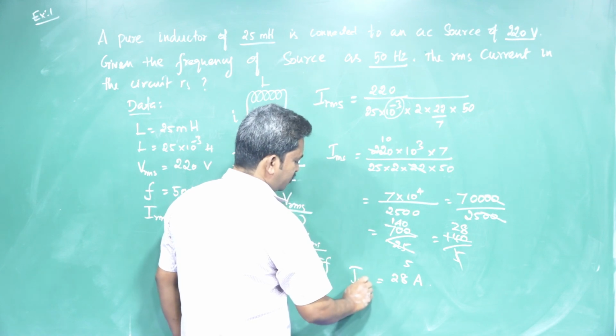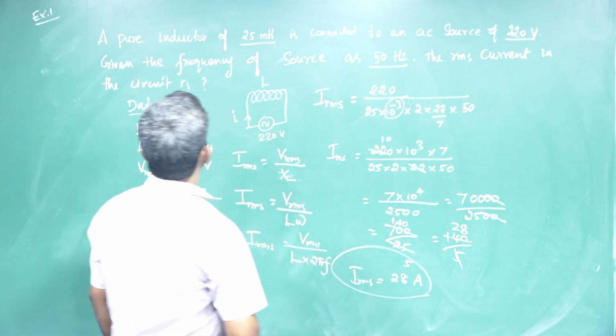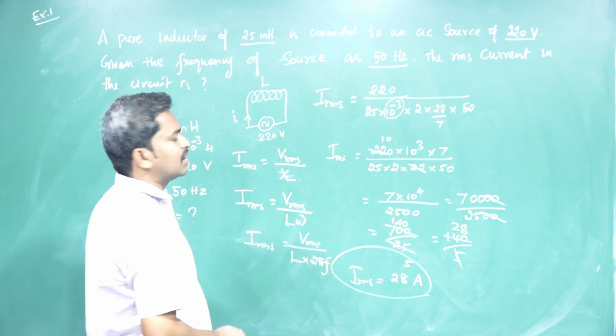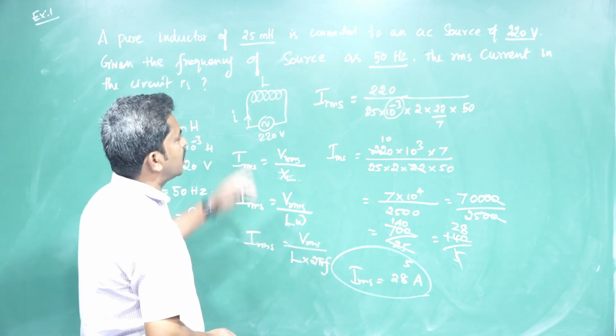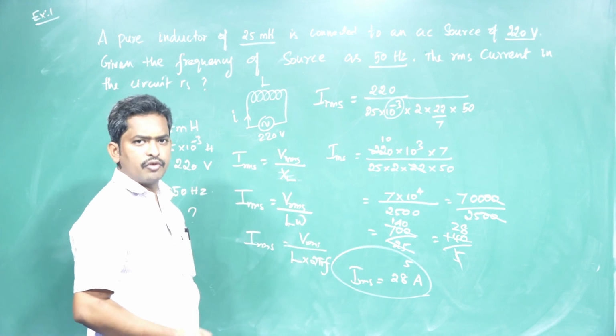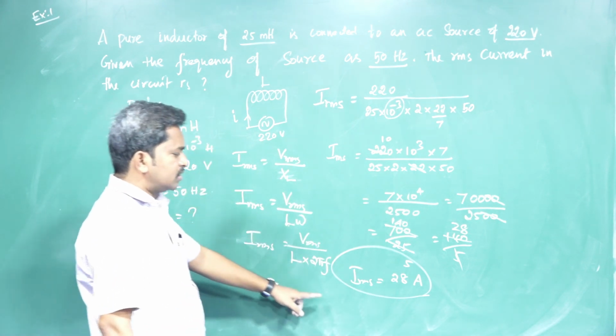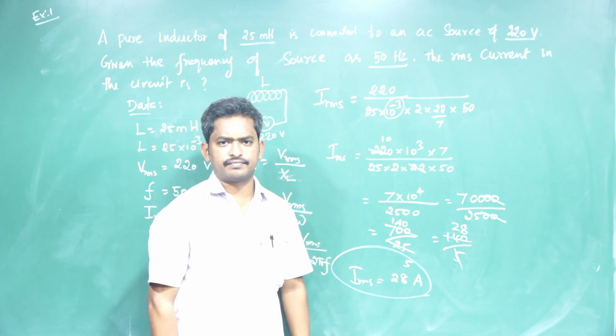So IRMS is equal to 28 ampere. See, a pure inductor of 25 millihenry is connected to an AC source of 220 volt. Given the frequency of the source as 50 Hz, the RMS current in the circuit is 28 ampere.